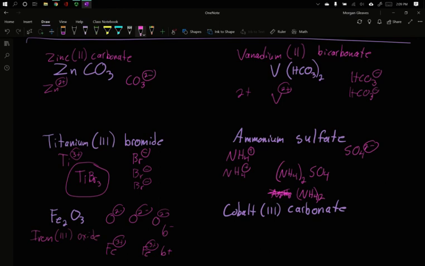And our last one in the bottom right, cobalt 3 carbonate. Cobalt is Co, and we say it has a 3 plus charge, because that's what the parentheses tells us. Carbonate, CO3 with a 2 minus. And so I have a 3 plus and a 2 minus. I'm going to need multiple of both.